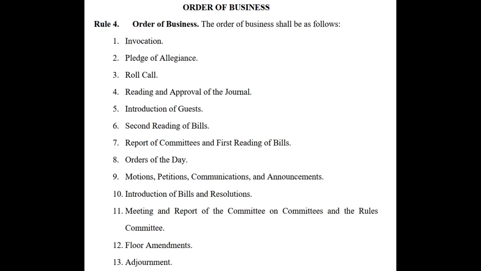Report of committees and first reading of bills. 8. Orders of the day. 9. Motions, petitions, communications, and announcements. 10. Introduction of bills and resolutions. 11. Meeting and report of the Committee on Committees and the Rules Committee. 12. Floor amendments. 13. Adjournment. You can see these in action by viewing the video of a legislative day in the House.